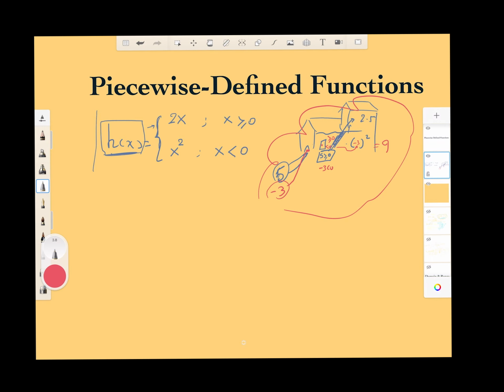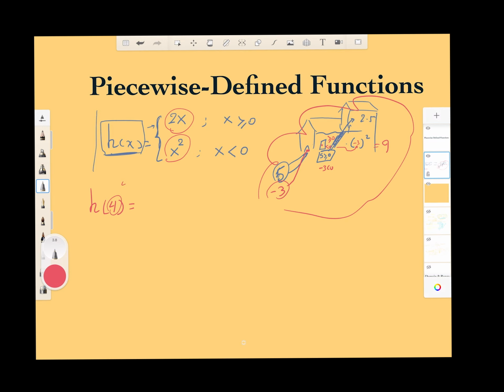Anyway, now they're asking us to graph it, or sometimes they ask us to evaluate. Before we graph it, what is h of 4? We have to plug it into this function or this one.